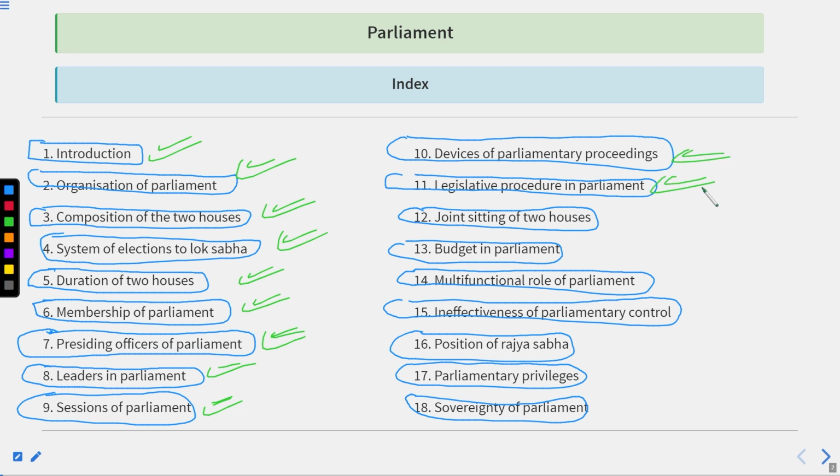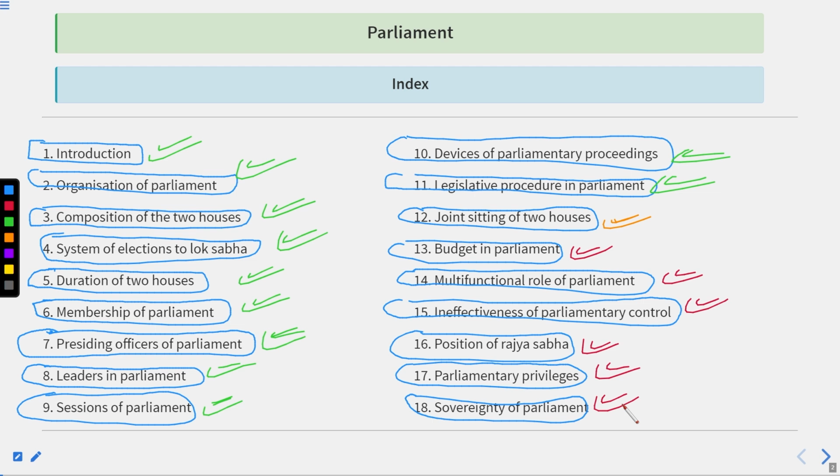The topic we have been discussing is the joint sitting of two houses. The topics we are left with are the budget in parliament, the multifunction role of parliament, ineffectiveness of parliamentary control, the position of Rajya Sabha, parliamentary privileges, and the sovereignty of parliament. So this is the picture that we have created so far.